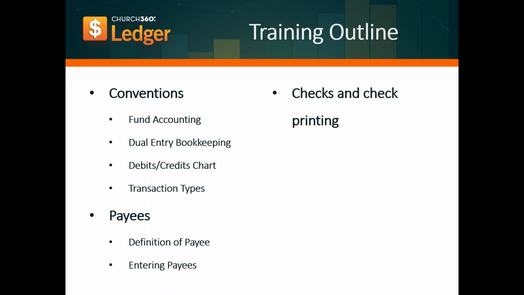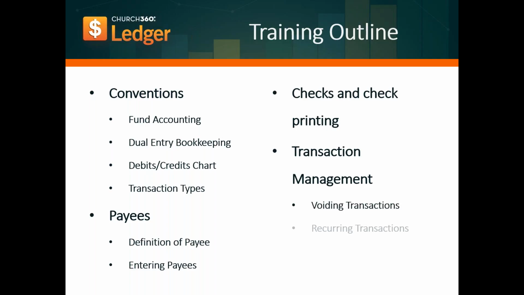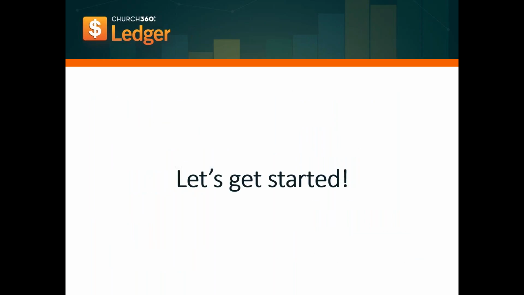We'll be talking about checks and check printing, transaction management, which includes voiding transactions and creating recurring transactions, and we'll talk about the general ledger report, which is going to allow you to get a report for the transactions that you've added into the program. So let's go ahead and get started.